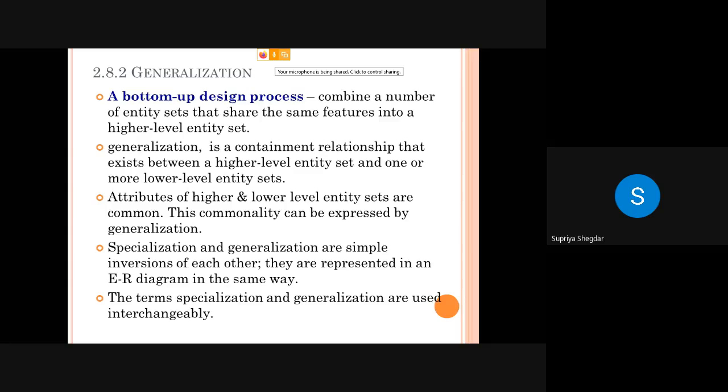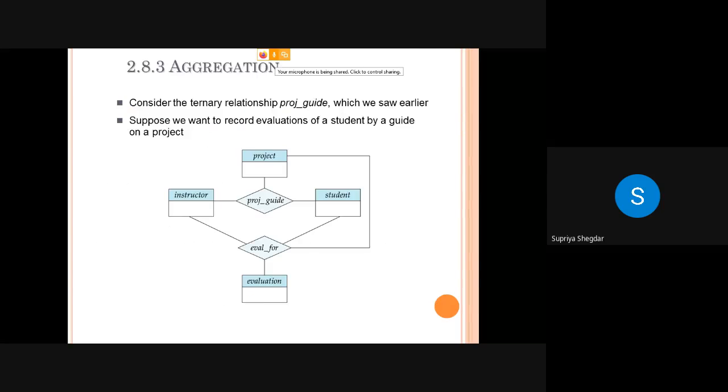With the help of the is-a relationship, both generalization and specialization are used. The terms specialization and generalization are used interchangeably, meaning the concepts are the same, so we can use either of them.